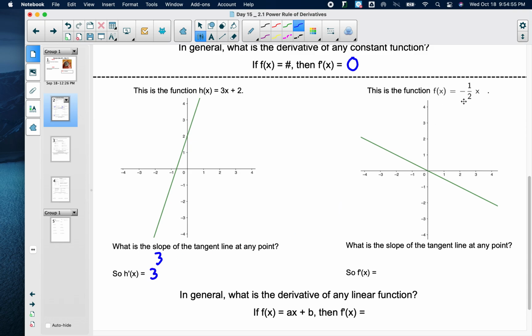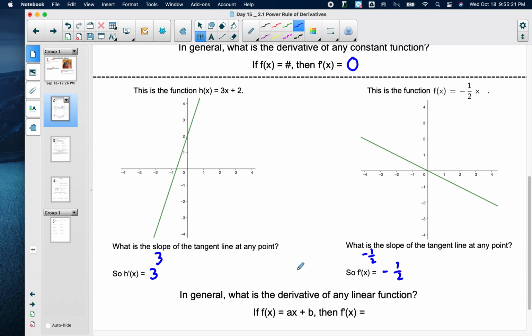What about -1/2 x? It looks like this. The slope of the tangent line at any point is just going to be the slope of the line, which gives me -1/2. So the derivative of 3x plus 2 is 3, and the derivative of -1/2 x is -1/2.